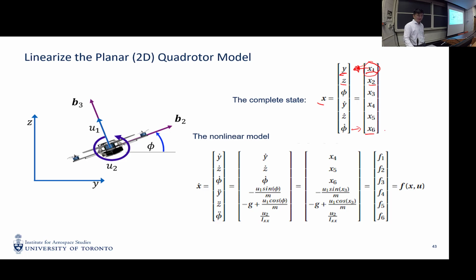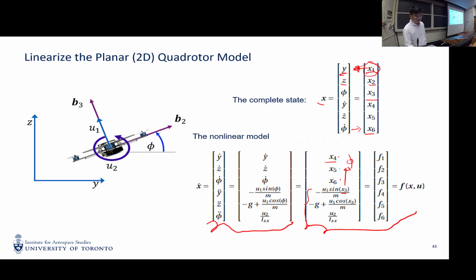So then we can rewrite the entire formula into this format. This is the original equations of motion, and this is the equation of motion using this indexed format. So we have x4, x5, and x6 as the first three elements, and these terms are from the previous equations of motion. And here, x3 is phi.